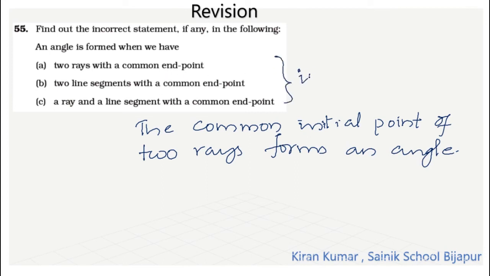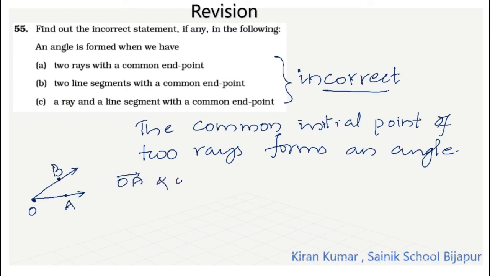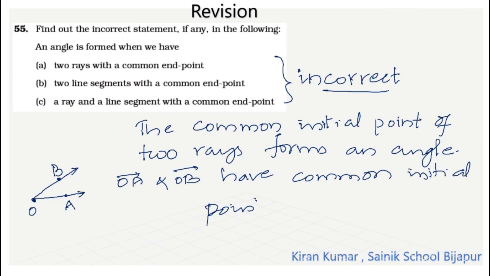So all the three statements which are given, I should say as incorrect, because an angle is formed whenever two rays start with the same initial point. Here we have a ray OA and a ray OB have common initial point O.